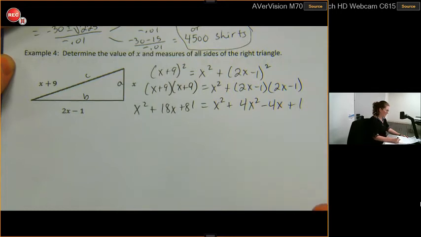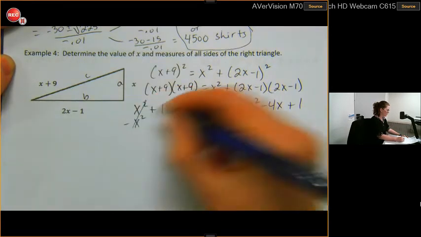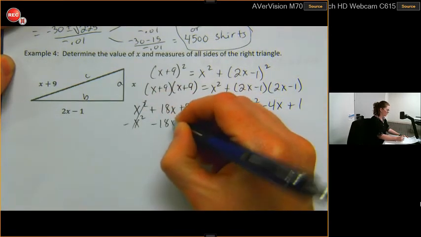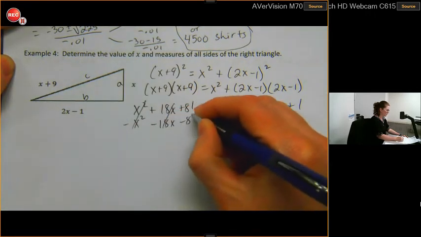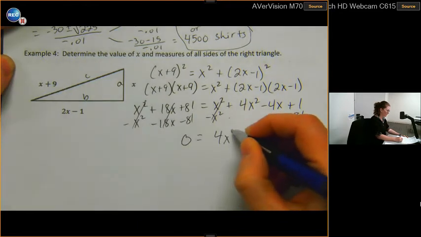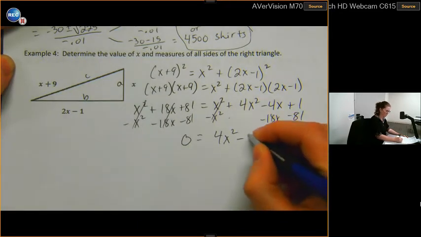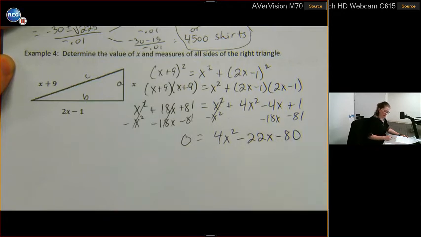And then I need to get it to be equal to 0. And then I notice that all of these are even numbers. So to make life easier on myself, I'm going to divide everything by 2.